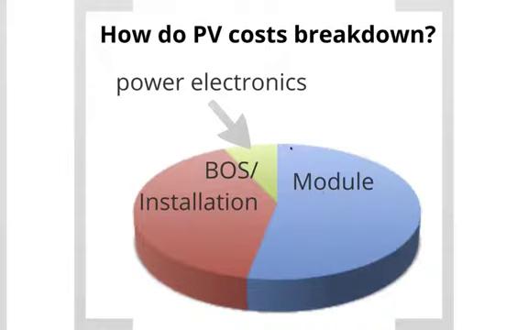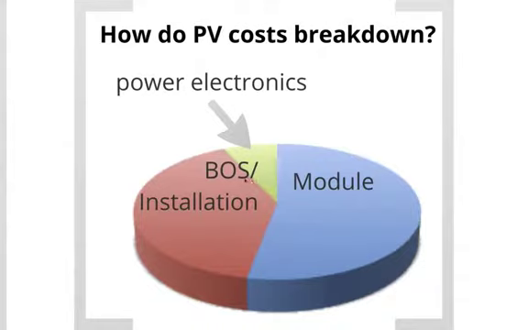Then that's a little more than 50% of the total cost. The installation is a little bit less than 50% of the cost, but pretty substantial as well. So it's not the module cost itself, but of course installation, because you have to have electricians and construction and so on.